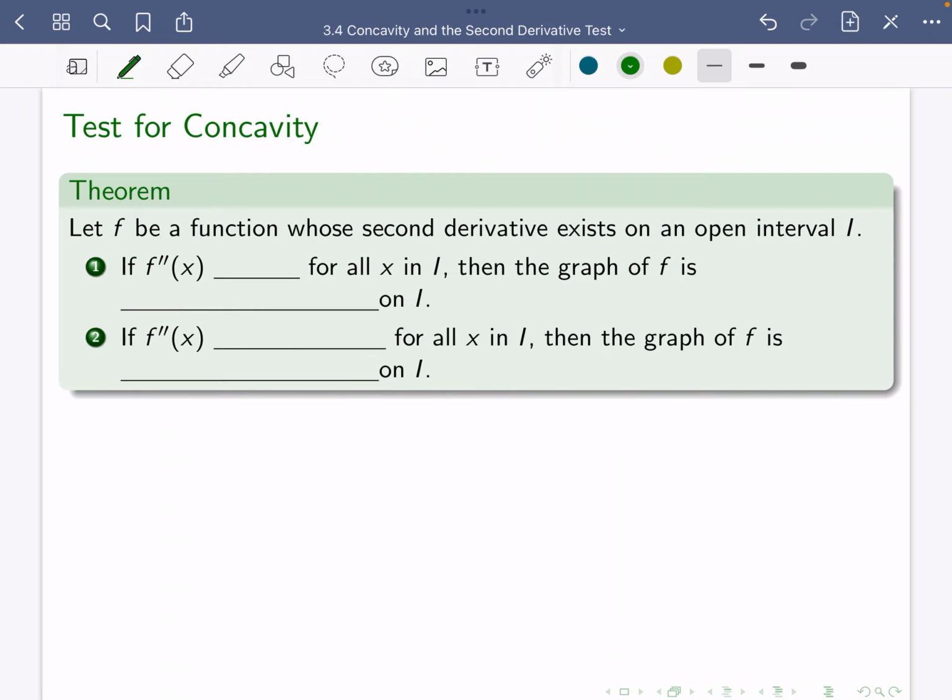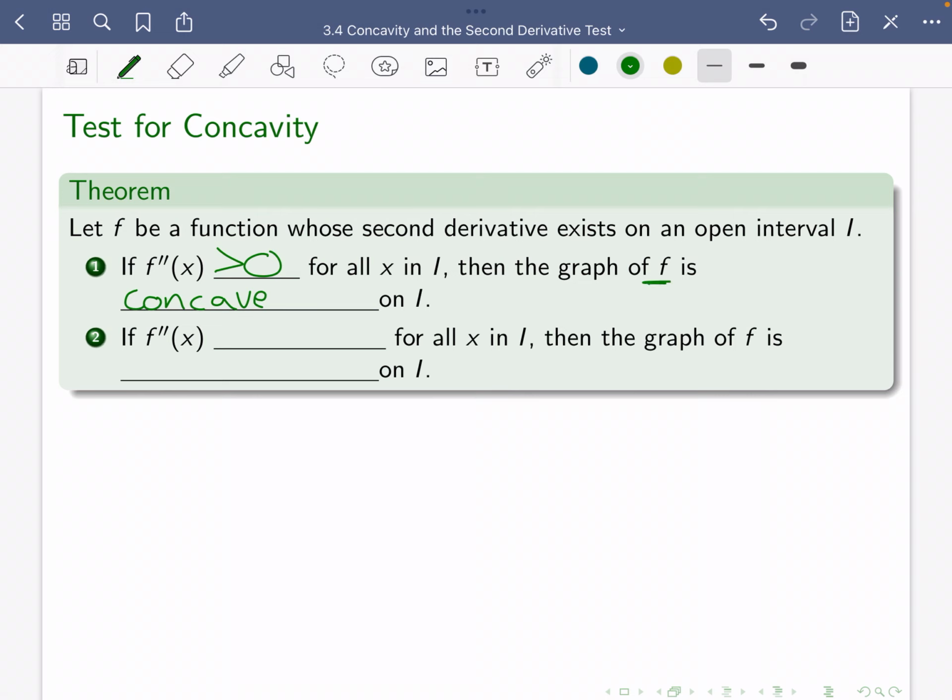When we looked at increasing in our last set of videos, we identified that a graph is increasing if its derivative is positive. And since the second derivative is just the derivative of the first derivative, then f prime is increasing when f double prime is positive. So if our second derivative is larger than 0, then our graph is going to be concave up.